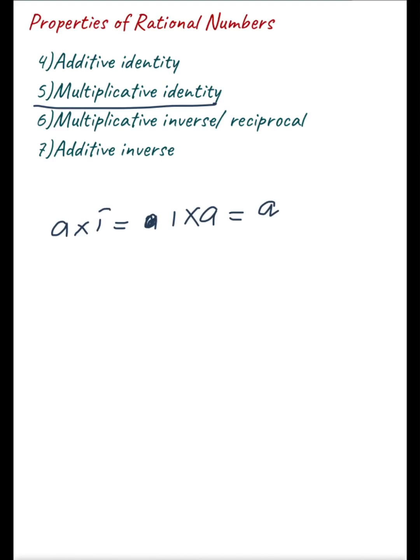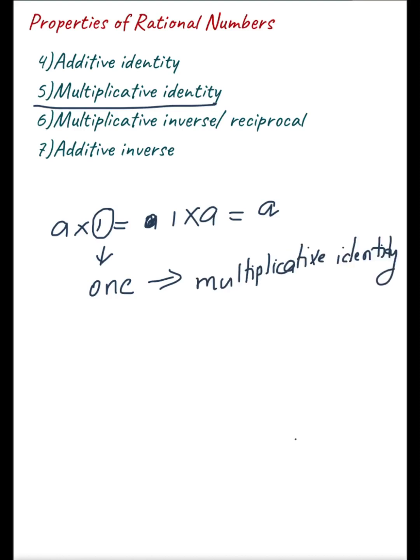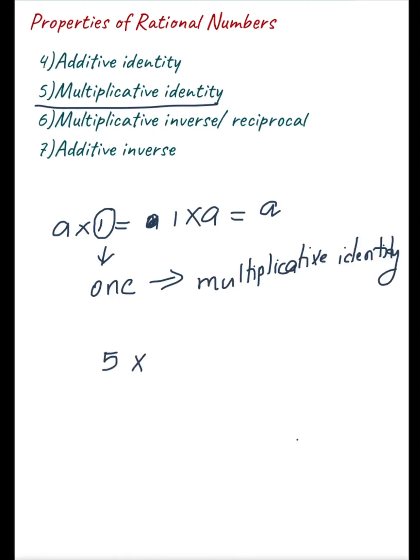So this 1 can be called the multiplicative identity. Let's see by taking some examples. For example, 5. If I am multiplying 5 with 1, then the answer is 5 itself. So 1 is the multiplicative identity for 5.